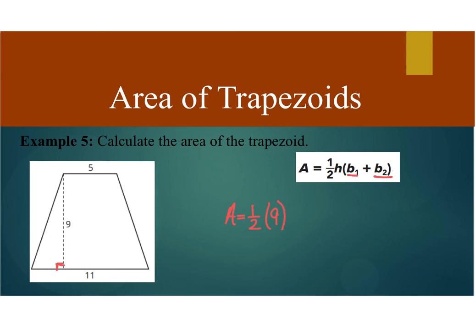Times 9 times base 1 and base 2. It does not matter the order because we're adding. And then we have to perform order of operations. So parentheses first, that's 16. Bring everything else down.